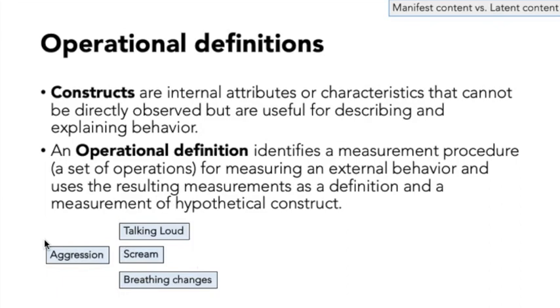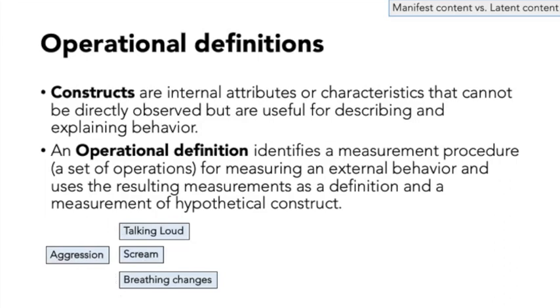This is exactly how we measure an internal attribute or mental state of a person. This is a very simple explanation. This is the construct aggression, and aggression can be made measurable with a set of procedures, of which here I have only selected these three.